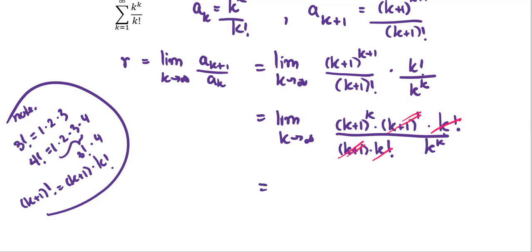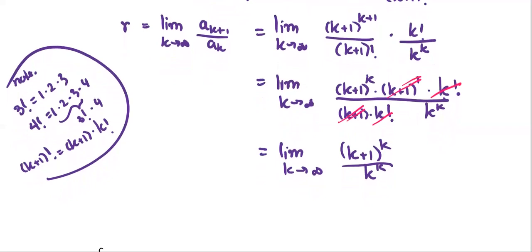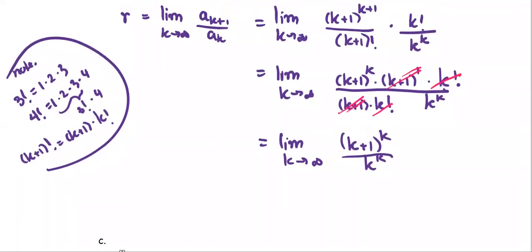Now we have the limit as k approaches infinity of (k plus 1) to the power k over k to the power k. This problem is similar to the previous problem, but the power k is not a fixed real number. So we cannot apply the same property as before, but we can rewrite it as (k plus 1 divided by k) all raised to the power k.